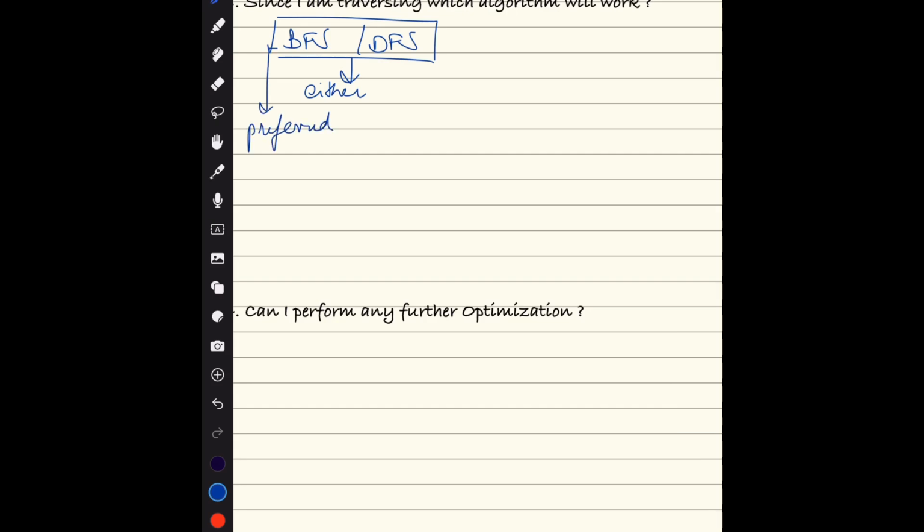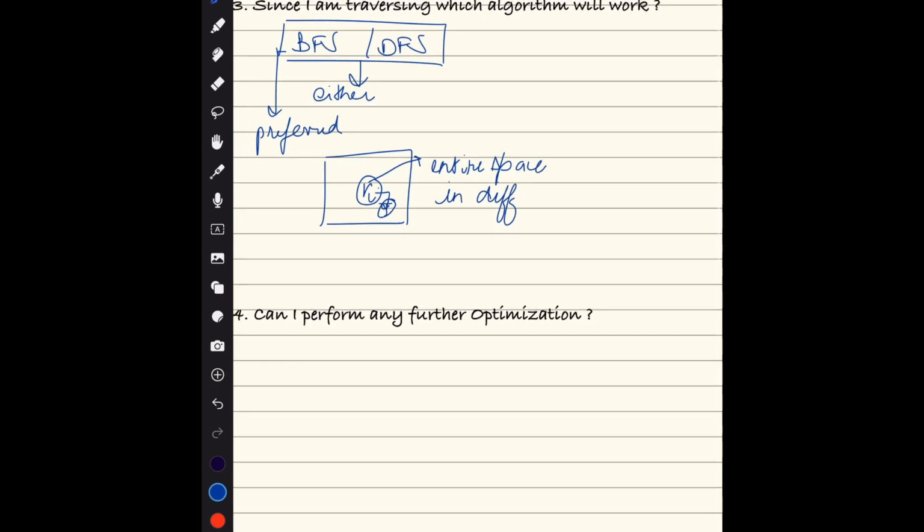Why? The reason being, assume you have a place where the king's target was just a few steps away, right? The target was a few steps away, but you explored the entire space in different directions.